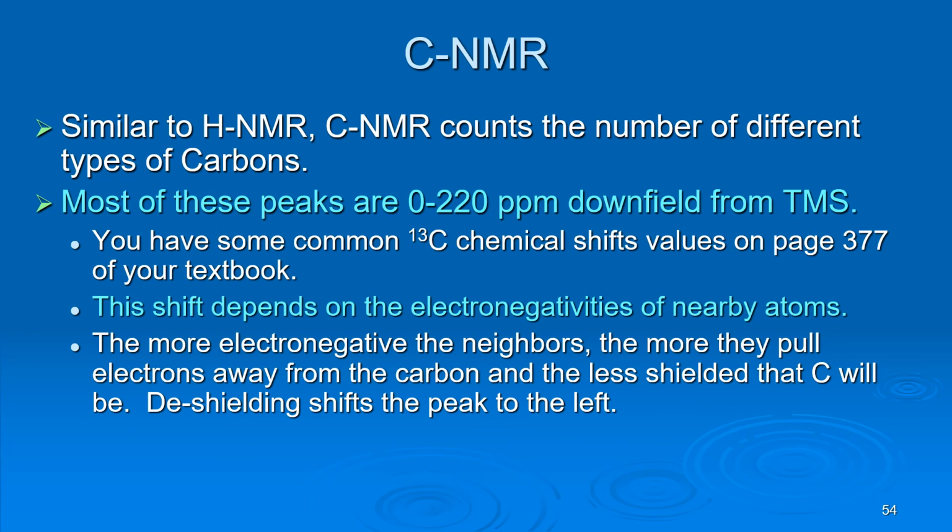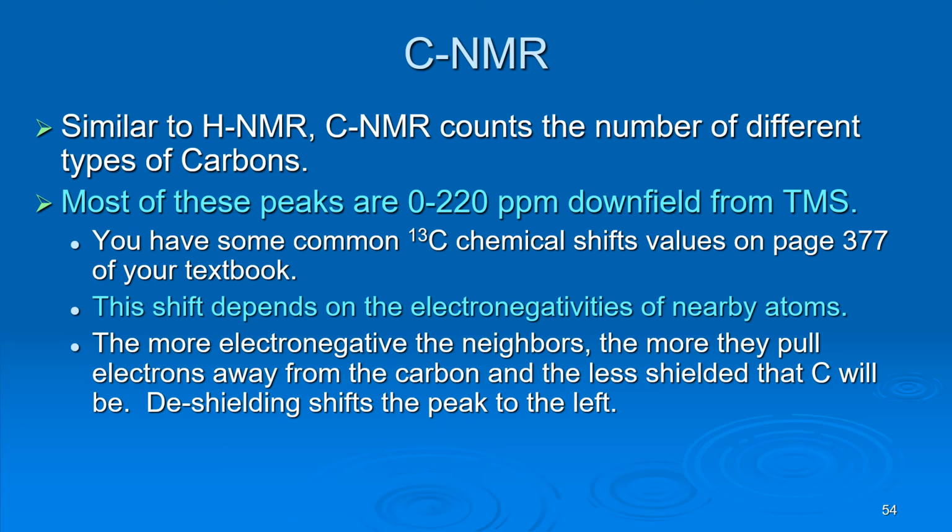So carbon NMR is similar to hydrogen NMR in that it counts, this time though, the number of carbons rather than the number of hydrogens. Now remember, hydrogens were about 0 to 10 parts per million. Carbons have peaks that are between 0 and 220 parts per million downfield from tetramethylsilane.